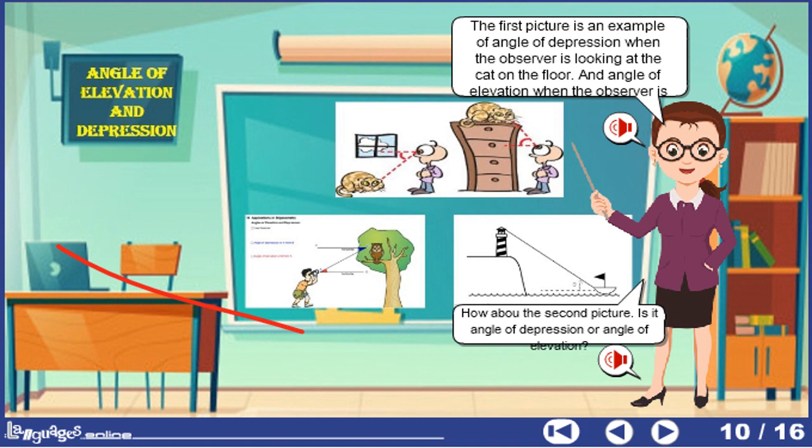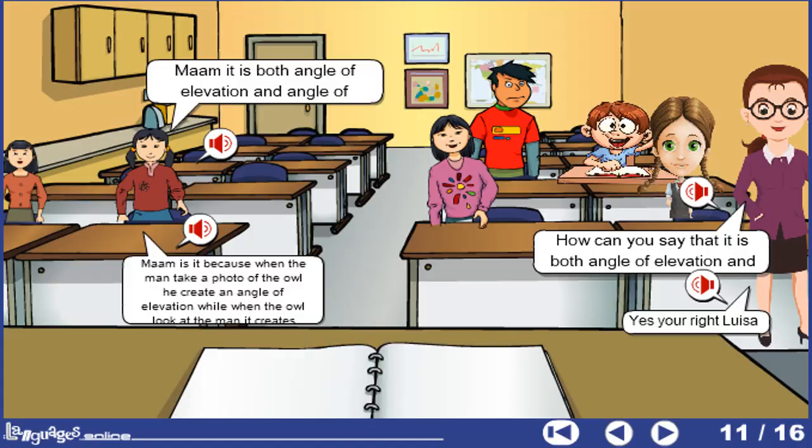How about the second picture? Is it angle of elevation or angle of depression? Ma'am, it is both angle of elevation and angle of depression. How can you say that it is both?